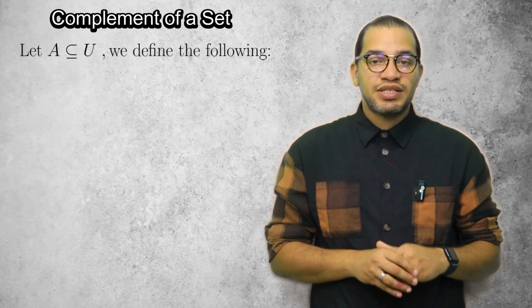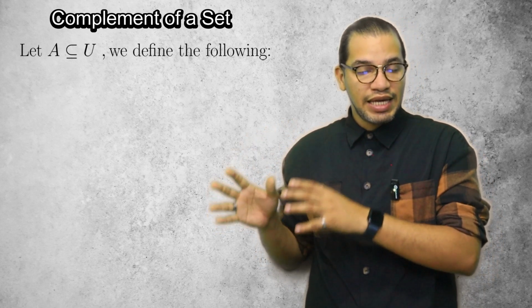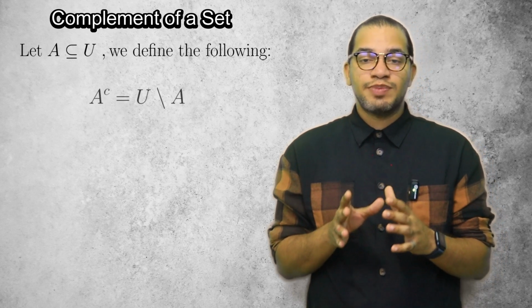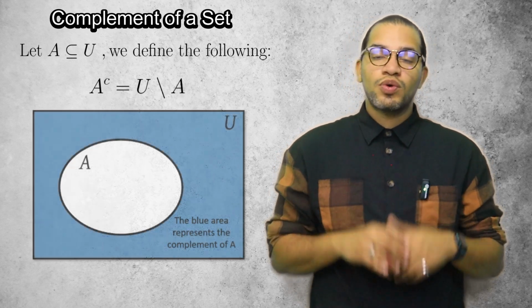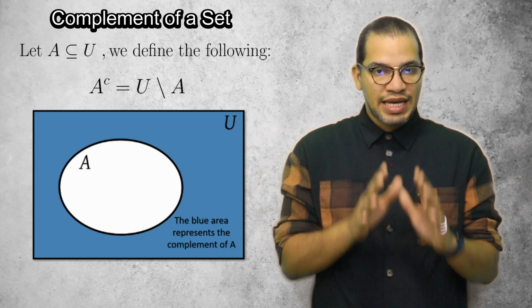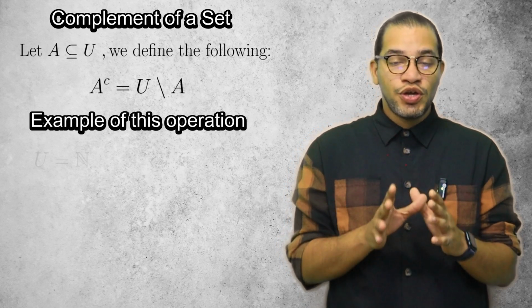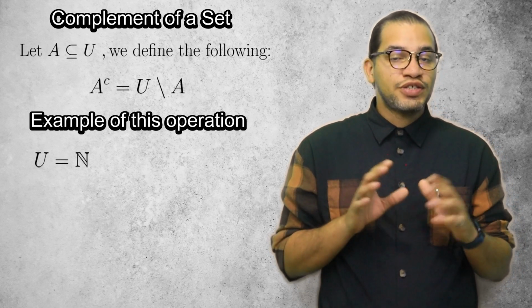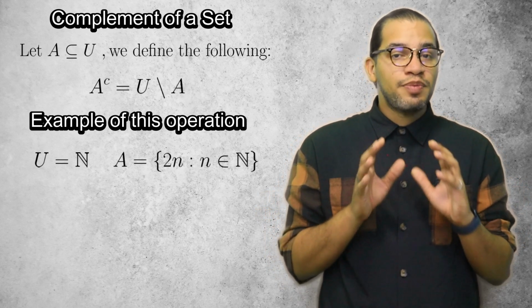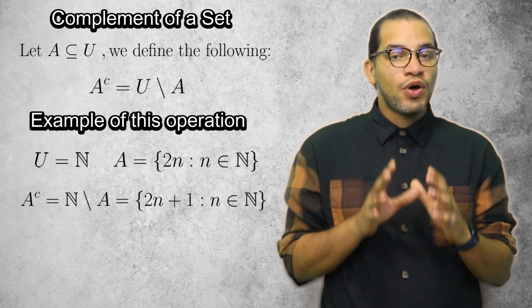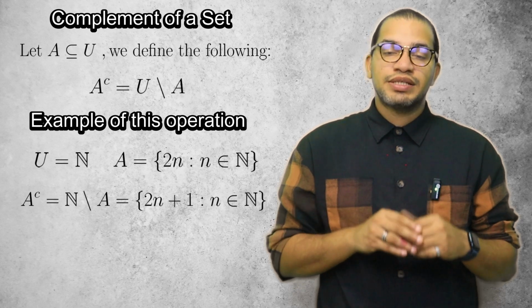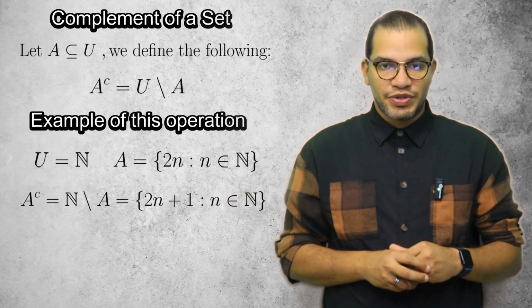Given a universal set U and a set A that is contained in such a universe, we define the complement of A as the difference between U and A. In other words, this is the set of all elements that do not belong to the set A. For example, if U is the set of all natural numbers and A is the set of all even numbers, then the complement of A will be all of those numbers that are not even. Therefore, the complement of A is the set of odd numbers.